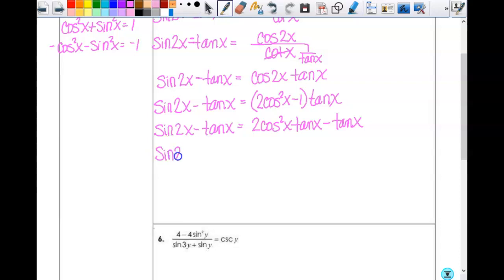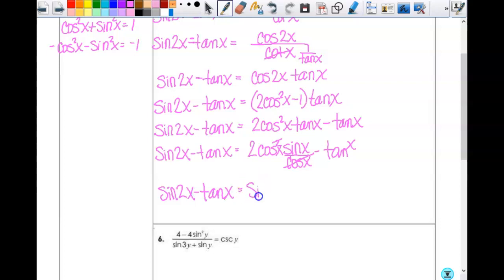So sine 2x minus tangent x equals 2 cosine squared times sine x over cosine x minus tangent x. So now I can cancel this with one of these. And this leaves me with 2 cosine x sine x, which is the same as 2 sine x cosine x. And what is that? Sine 2x. So sine 2x minus tangent x equals sine 2x minus tangent x.